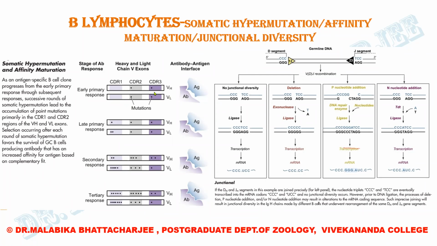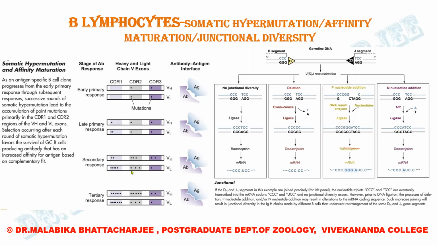Now, as the epitope is constantly in association with the complementary determining region of the antibody, further mutations are brought in. So this is the late response, and with further mutations, the association is becoming gradually stronger. This is the late primary response, and this is the secondary response.